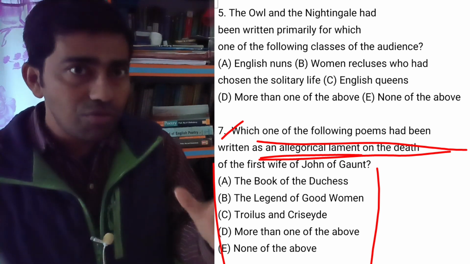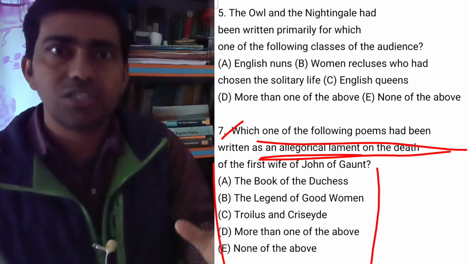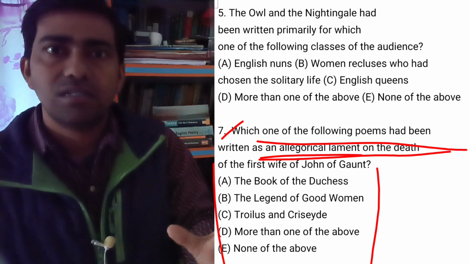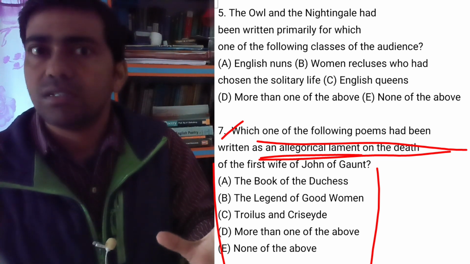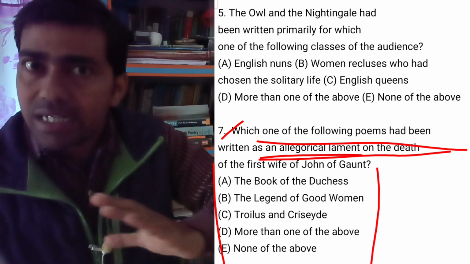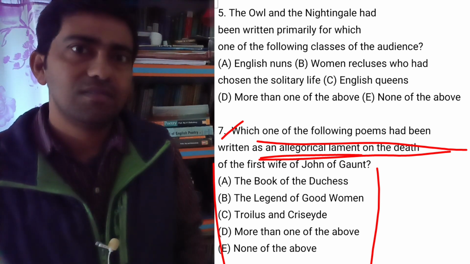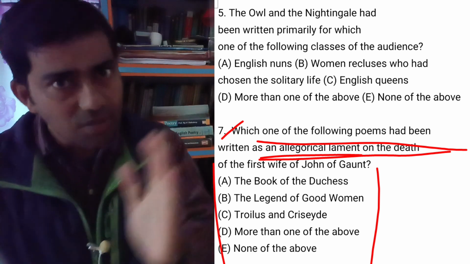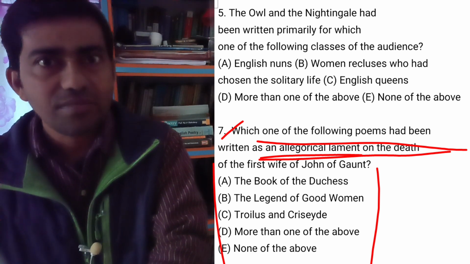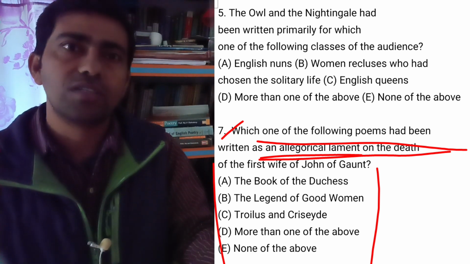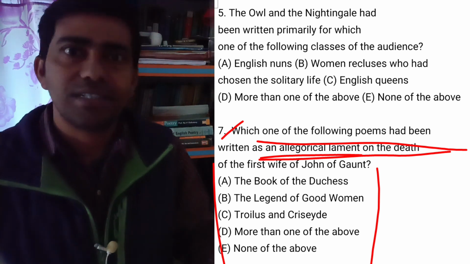You know, John of Gaunt and Geoffrey Chaucer are considered to be contemporaries. John of Gaunt was a prince and Geoffrey Chaucer was the courtier.